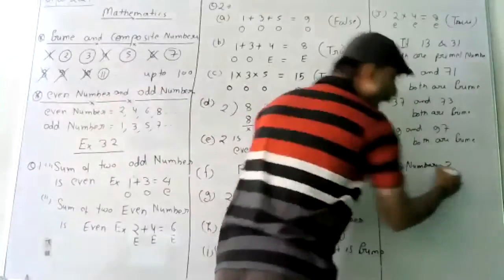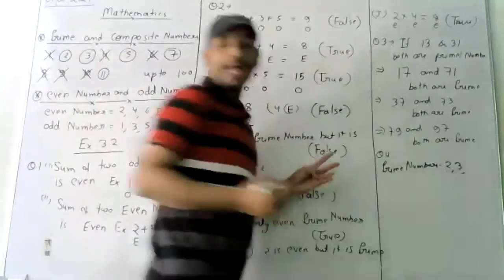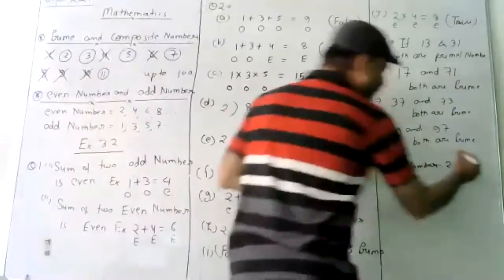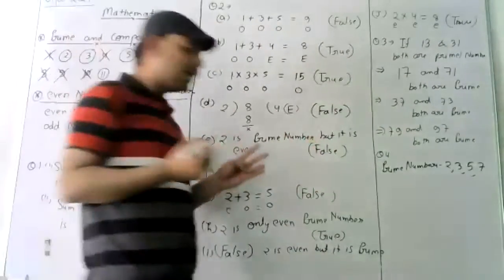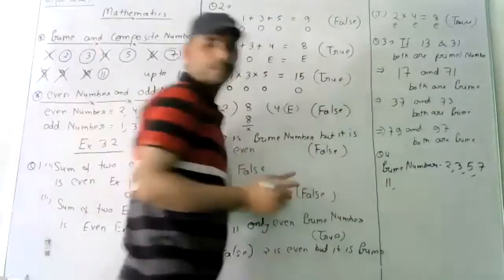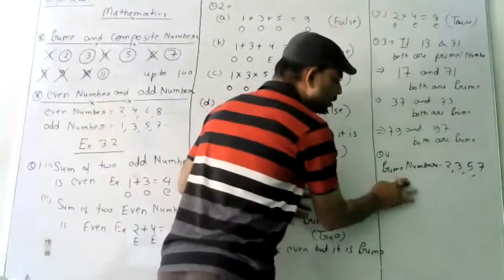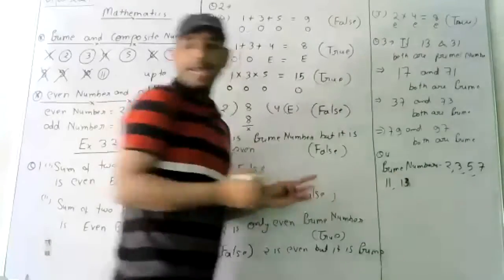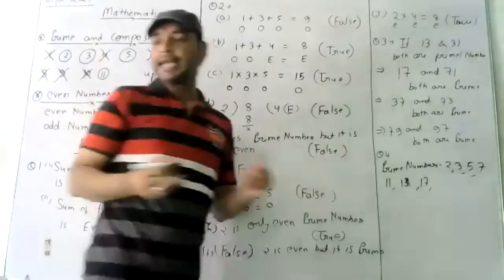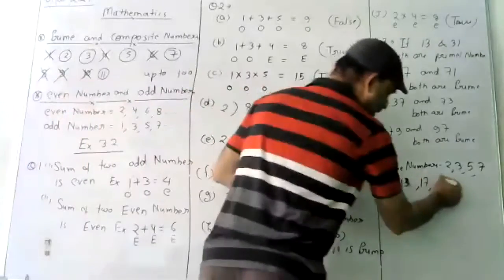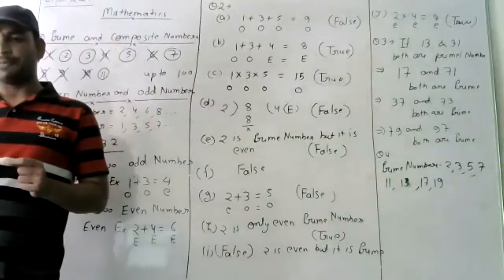The next prime number is 3, then 5, then 7, then 11, 13, 17, and 19. These are the prime numbers which are less than 20.